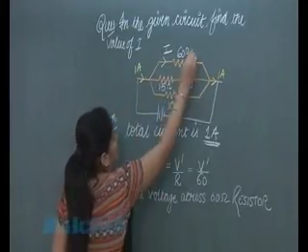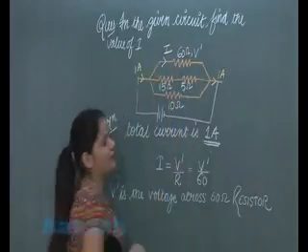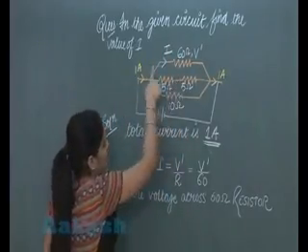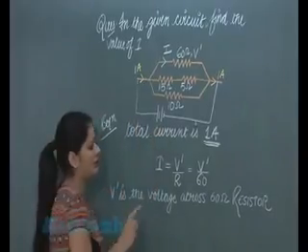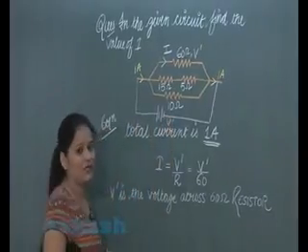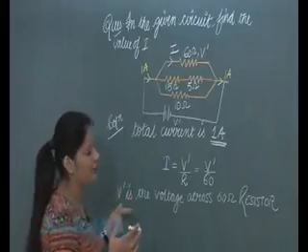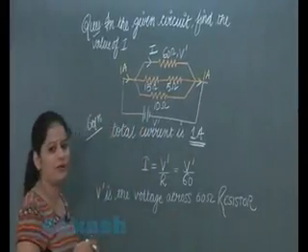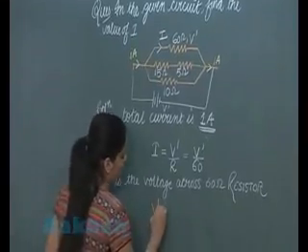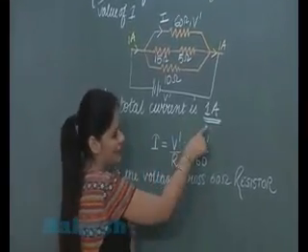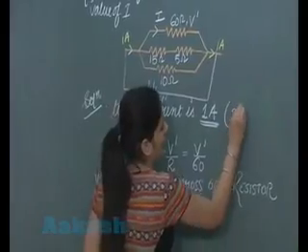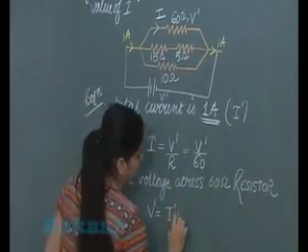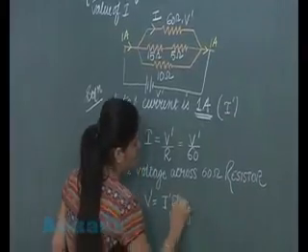So if V prime is the voltage across 60 ohm resistor, then the total applied voltage is also V prime. So student, we have to calculate the total applied voltage. Student, we can calculate the total applied voltage V prime by multiplying the current, let it be I prime, which is the total current, multiplied by the effective resistance.